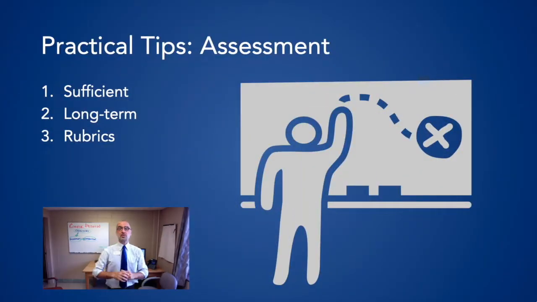And third, when you're doing assessments, make sure you've got rubrics, whether it's a paper or a presentation or a lab report or a project, whatever your students are doing. Before they do it, before you assign it, you should have on paper or on the computer a clear picture of what you're looking for, how many points it's worth, how you're going to evaluate progress towards your objectives.